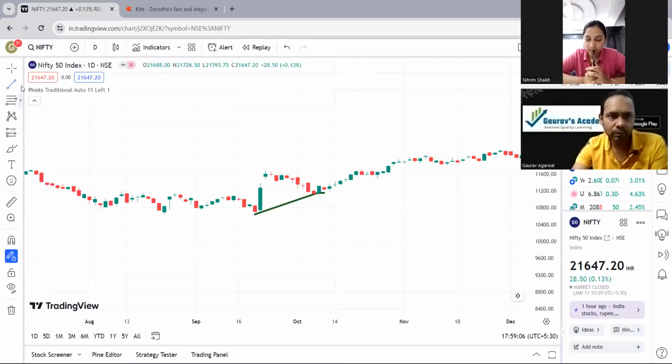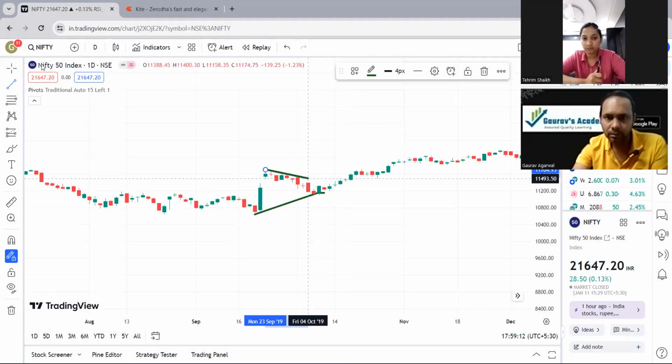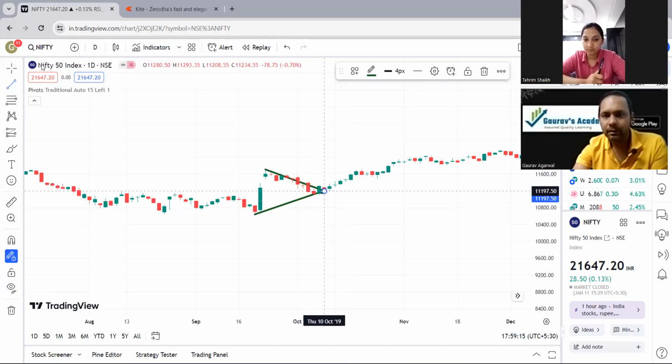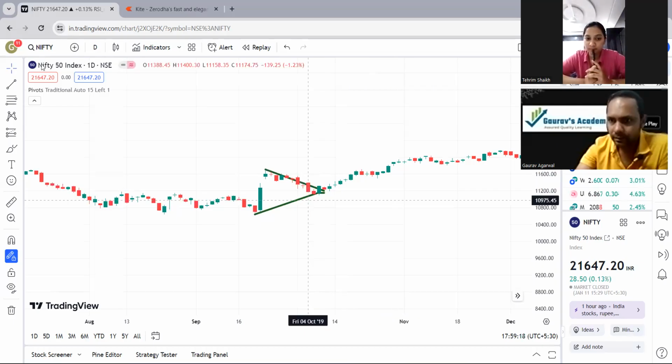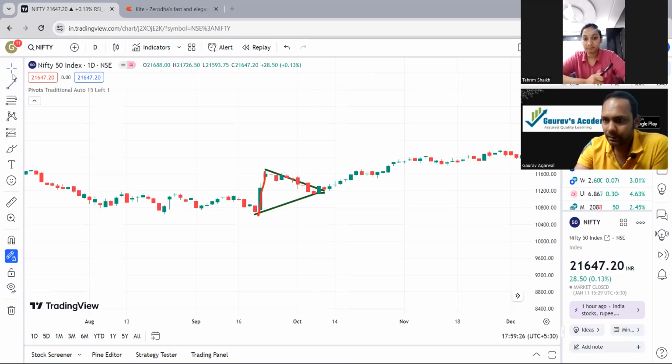Fine. You have to use the tool. Here we have a tool called trend line. So you can use the trend line to draw it like this. Right? You can see the triangle. If you join this also, then you will see this as a triangle, right?